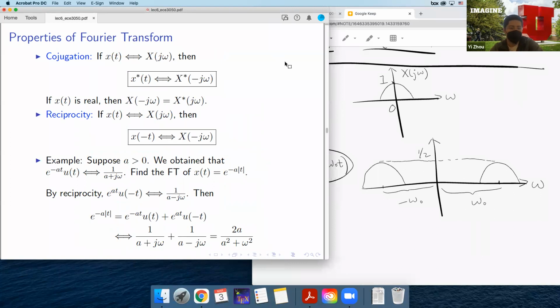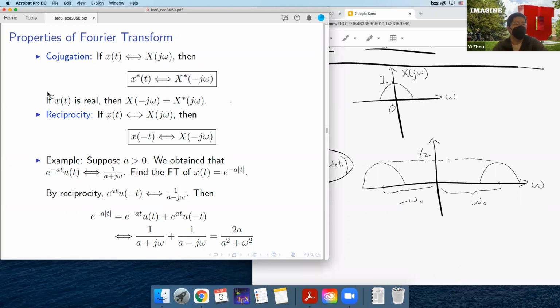Okay, these two, I think they are kind of the same as what we talked about in the Fourier series. Conjugation, this is the same as the Fourier series properties. The Fourier spectrum of the conjugate signal is taking the original spectrum, doing a reversal plus a conjugation.